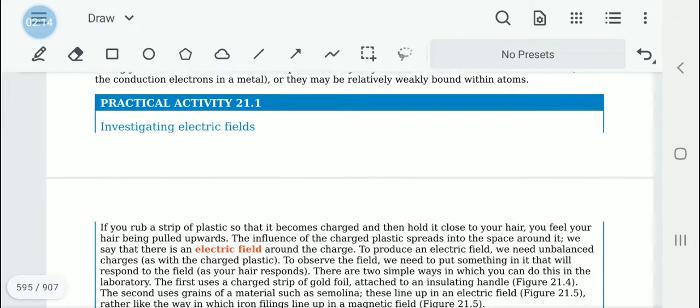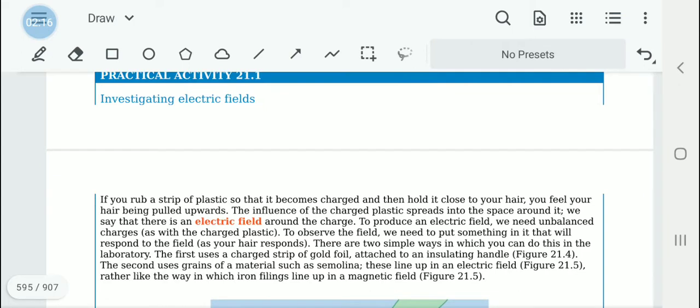Next one. Around a charge, there is an electric field. This can be observed in two simple ways. Number one, leave a line and write number one.